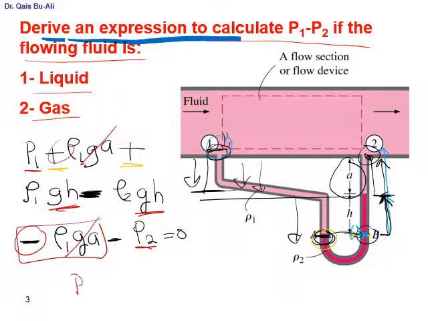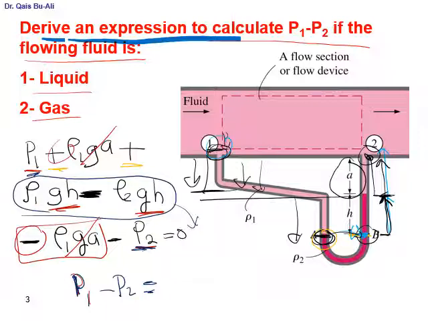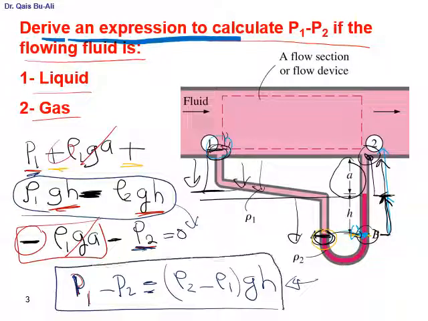So P1 minus P2 equals, taking those to the right hand side, rho 2 minus rho 1 times GH. And this is the same result that we got before.